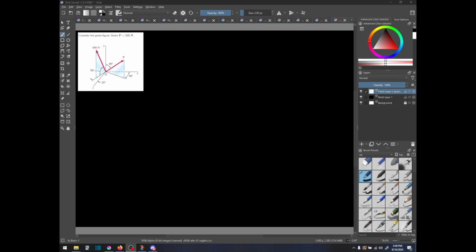The 3D vector. And there's an 800 Newton vector right there. Where are they related?